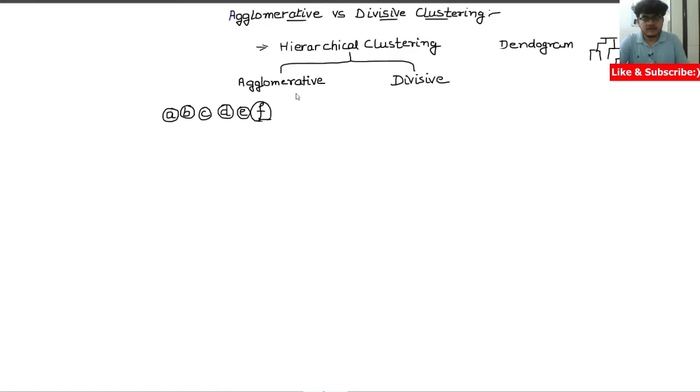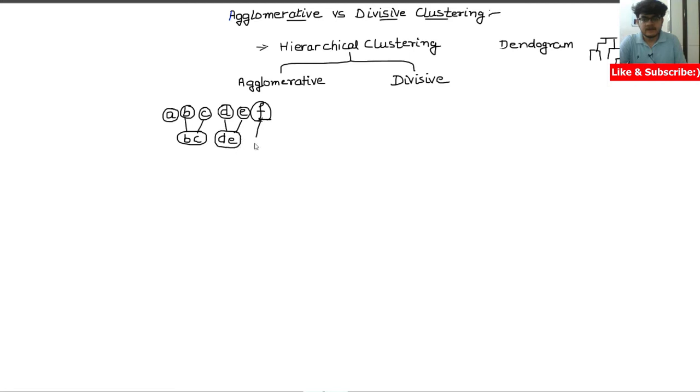Now in agglomerative, the idea is to take all the data points initially individually, and then start combining them into smaller clusters. For example, let's combine B and C in a single cluster, which is something like this. Then we will combine D and E in a single cluster.